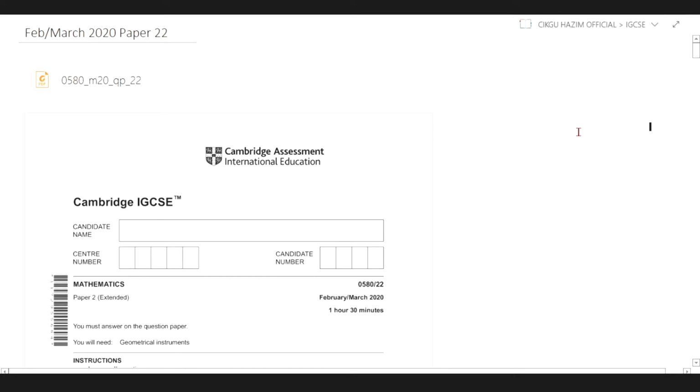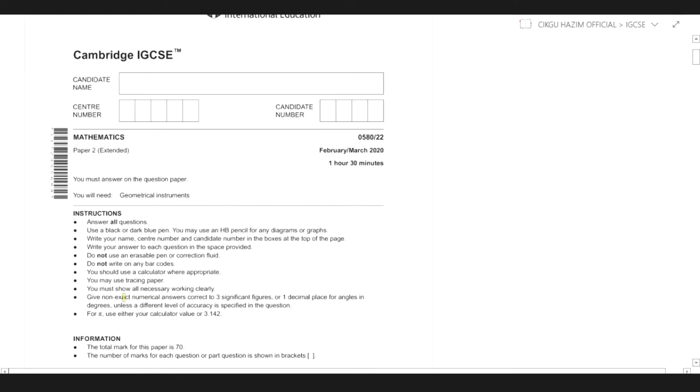Alright, before we do any of the mathematics paper, you need to be careful and read the instructions in front. There are several things that always need to be highlighted here: give non-exact numerical answers correct to 3 significant figures. If no significant figures or decimal places are stated, you need to give 3 significant figures or 1 decimal place.